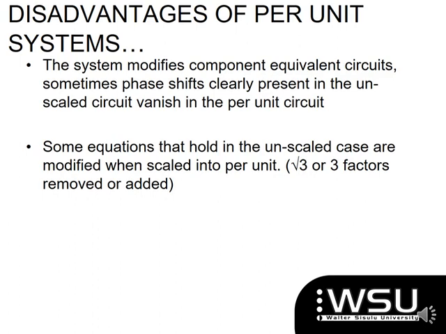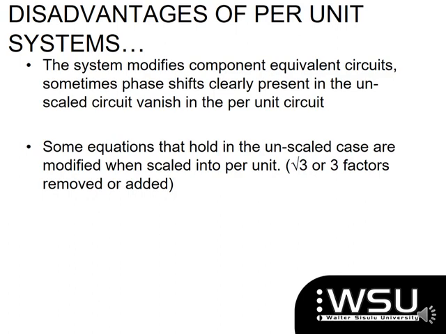Sometimes we are going to have phase shifts that are going to be present. And if we don't unscale those, they are going to totally disappear into the system, and then our per unit circuit is going to be inaccurate and not represent what the actual circuit was like.